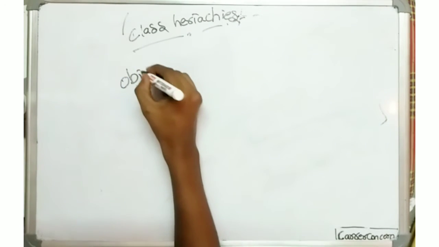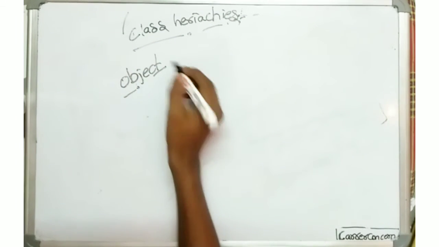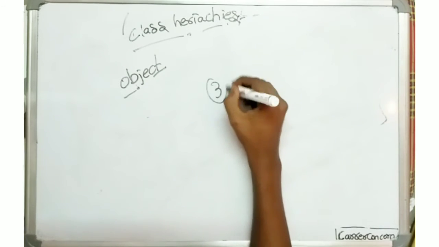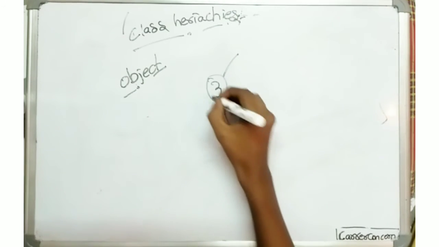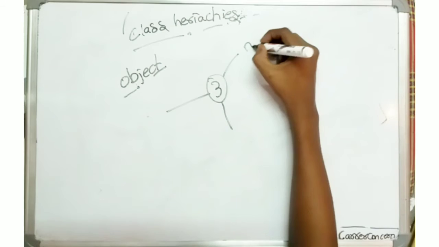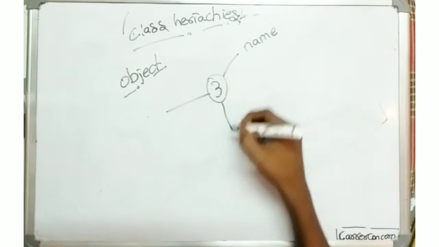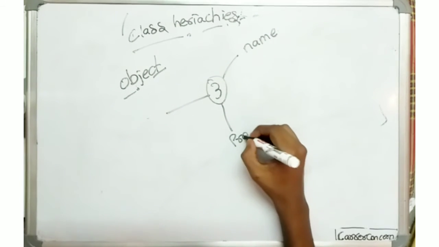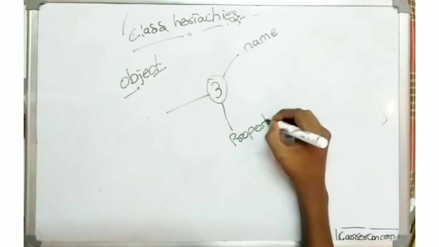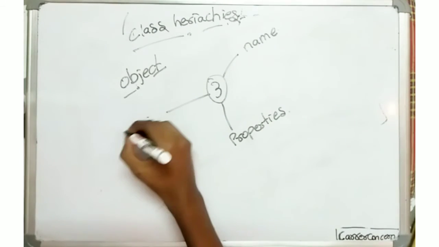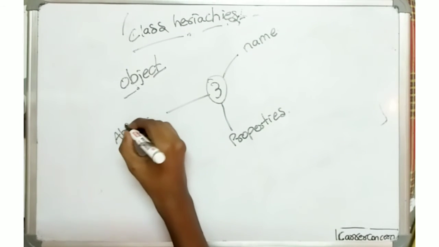Next, objects. What is an object? An object consists of three attributes: first is name, second is properties, and third is abilities.